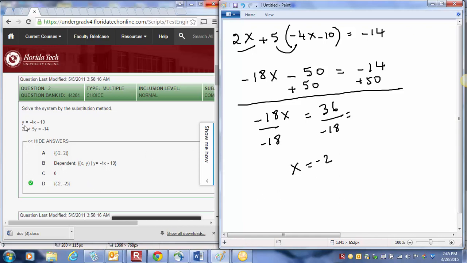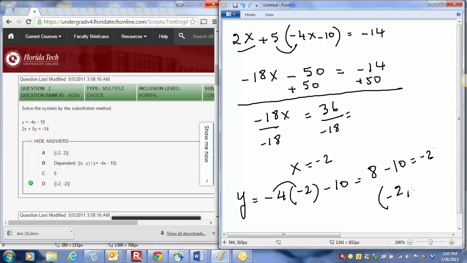So again, let's take the first equation where we have y equals negative 4 times x, and x in this case is negative 2, minus 10. And negative 4 times negative 2 is 8, minus 10 is negative 2. So x is negative 2, y is negative 2. So the solution is negative 2, negative 2, which is D in this case.